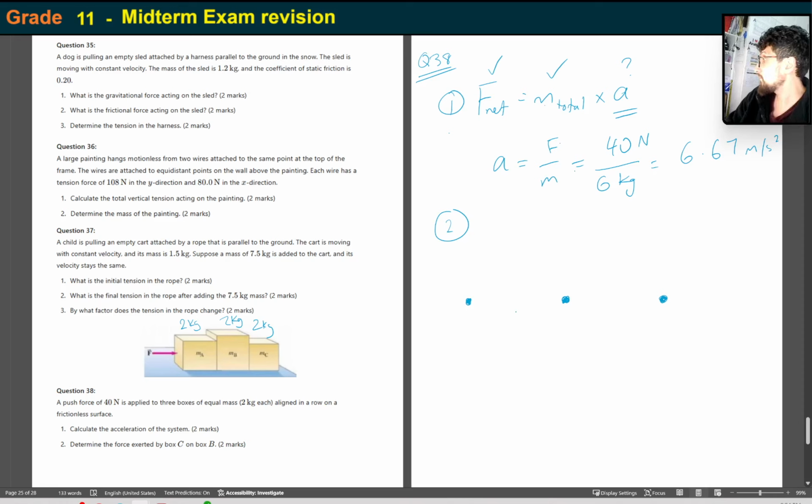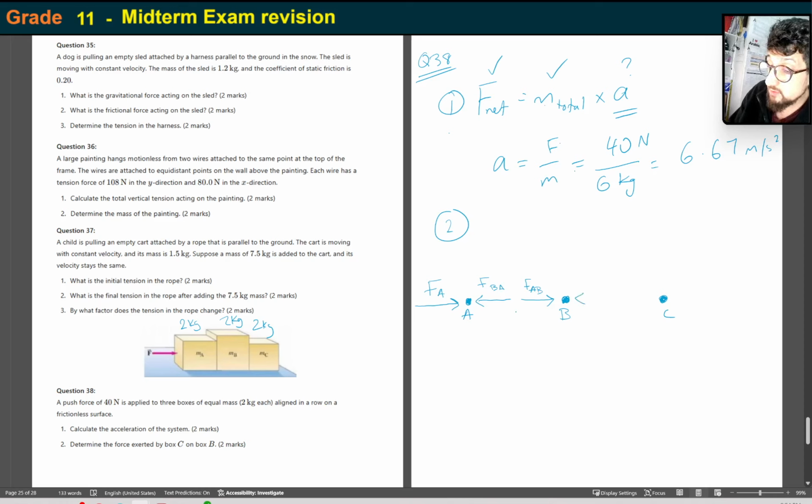We've got the applied force acting on A, this is A, this is B, and this is C. We've got the force of B acting on A, but we also have a force of A acting on B, which is exactly the same, just in the opposite direction.